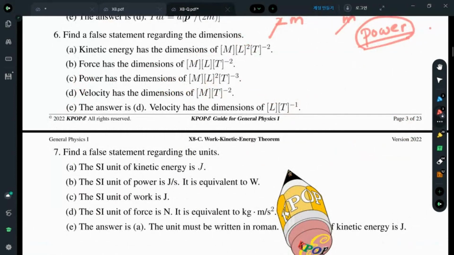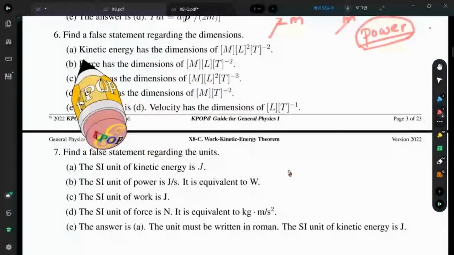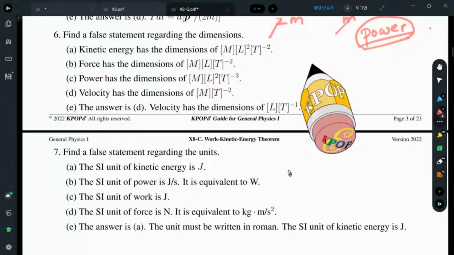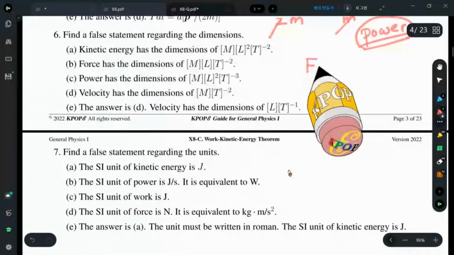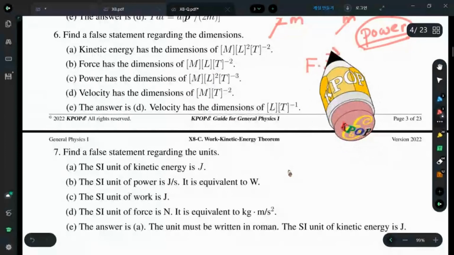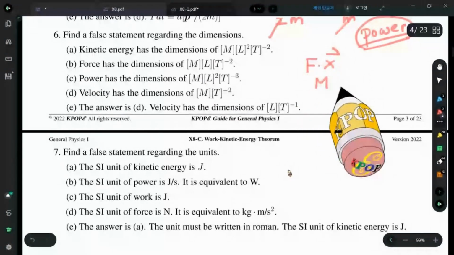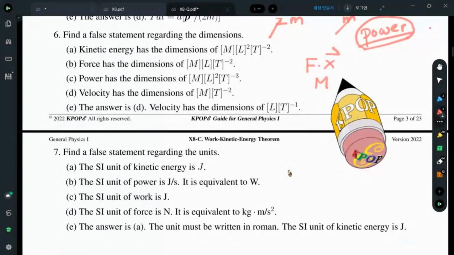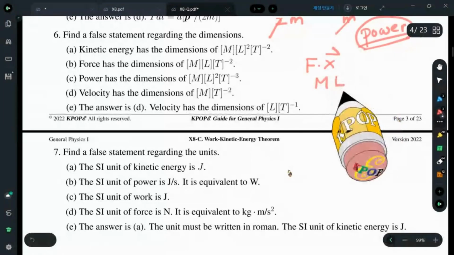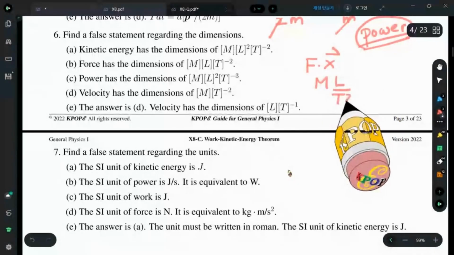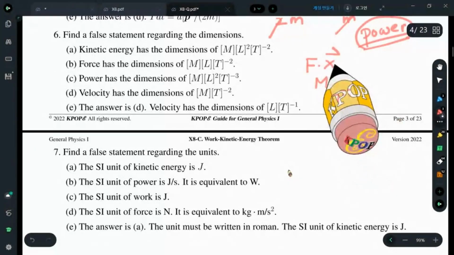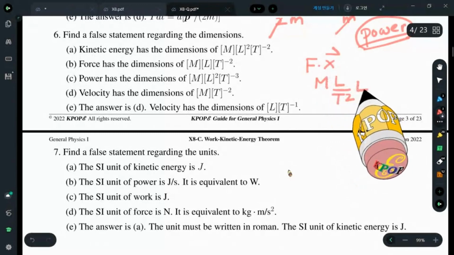Find the false statement regarding dimensions. Kinetic energy: energy is force times displacement. Force is mass times acceleration, which is length divided by time squared, and distance is length.